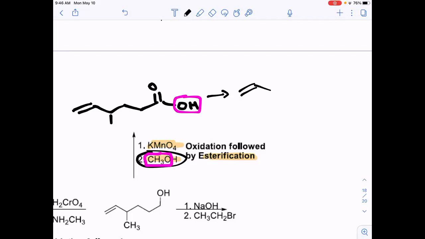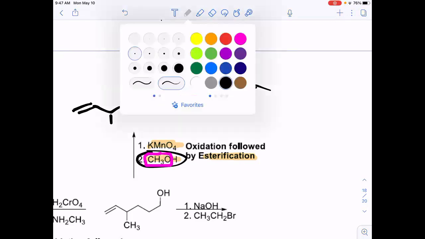With the esterification using the acid chloride, you don't start with a carboxylic acid. You actually start with, this will be a chlorine. Now the alkoxy part is still going to come from an alcohol, but your starting carbonyl is going to be an acid chloride instead of a carboxylic acid. Yes, sir. Thank you.